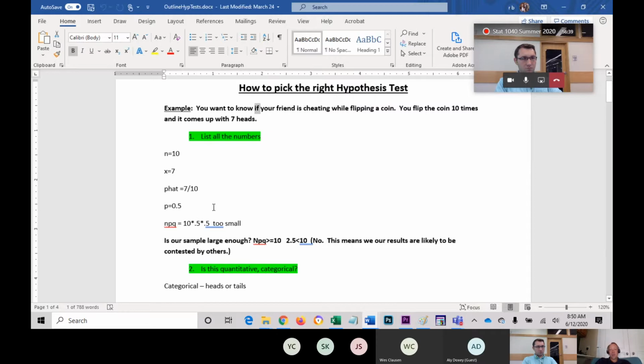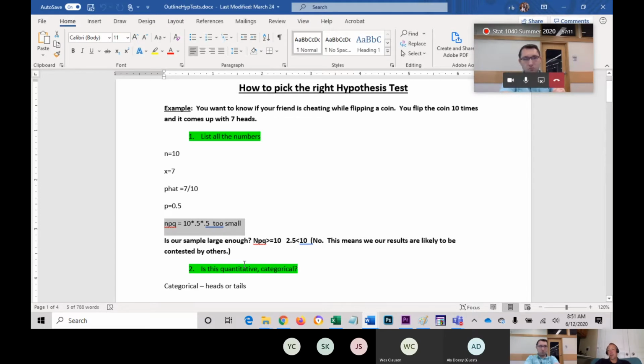Now, because it's categorical, I should also notice if my sample size is big enough. So if I take n p q, 10 times 0.5, which is p, and 0.5 is also q, is only 2.5. So this is actually too small of a sample size.